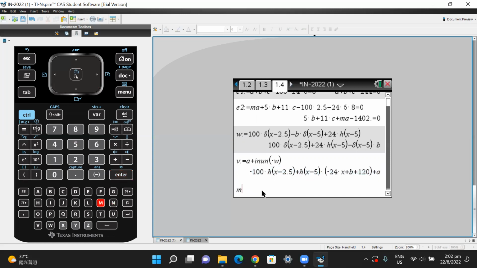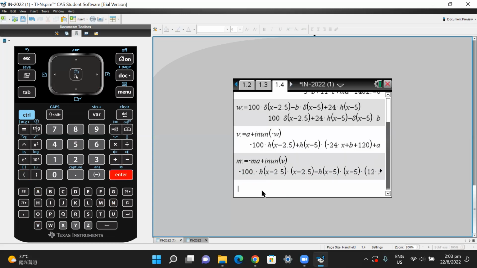And the same method for getting the M function. And remember, the M naught should be negative MA.